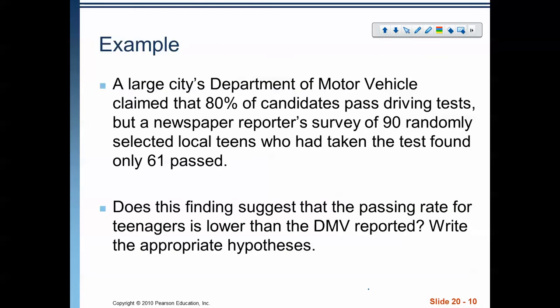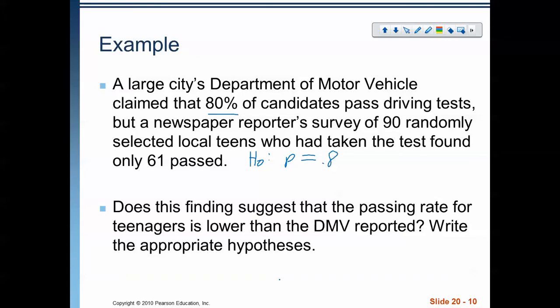I don't think I wrote them down. So we have a null hypothesis. And remember, the null hypothesis is sort of like the claimed amount. So we have our parameter, P, equals, and then what are we saying is the claimed amount? 0.80.